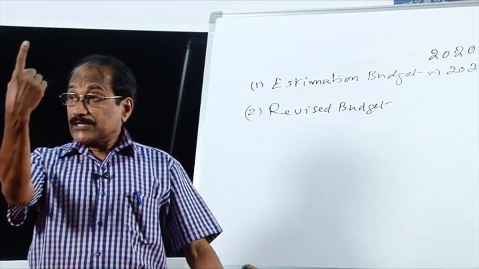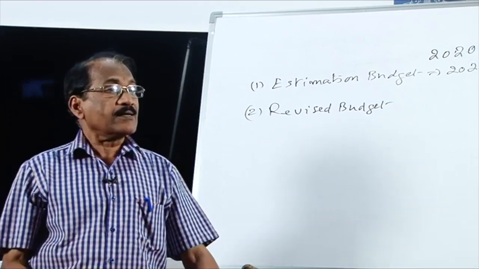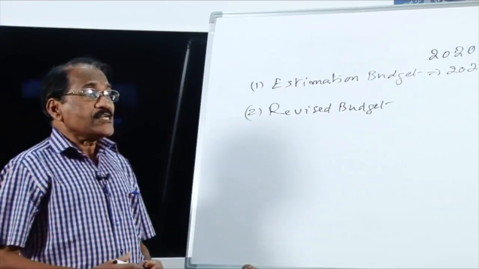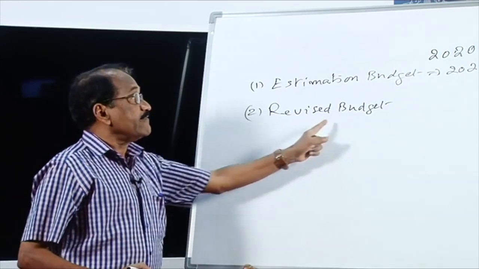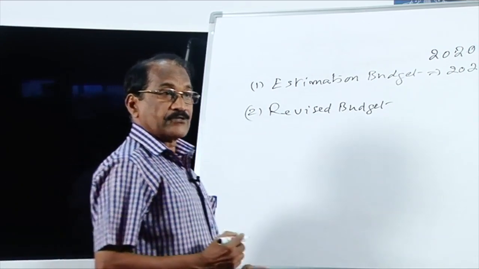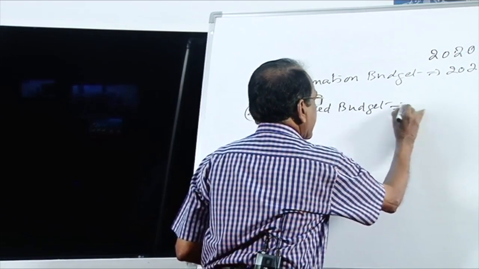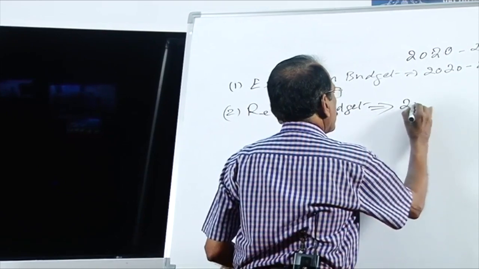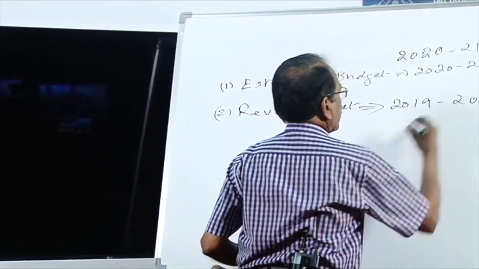And in that estimation budget presented last year, some correction is required, and that revision is made in the revised budget. So, the revised budget is for which year? Current financial year, that means 2019-20.